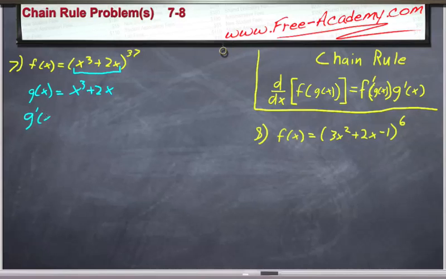Well, let's find the derivative of g of x, which is 3x squared plus 2x. And now let me rewrite our f of x here as equal to something to the 37th power. So now we have f of x.